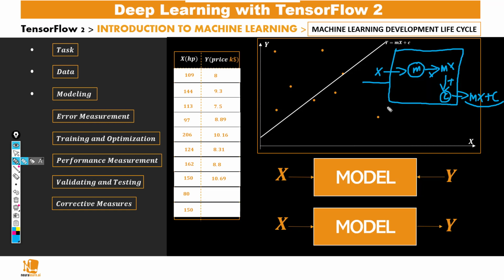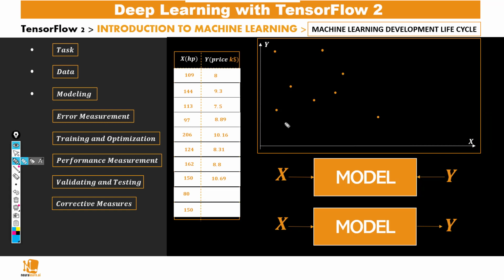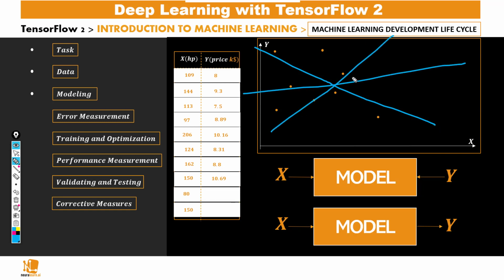And then what we're trying to do is to get the most appropriate values for m and c, such that we have an output which best represents our data set. So that said, our model could be represented by this line. So we could have a model like this, we could have this, we could have this. You see, we have so many different possibilities.